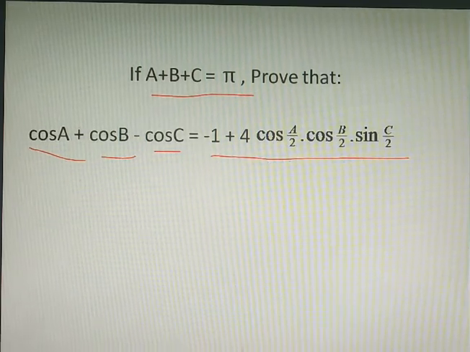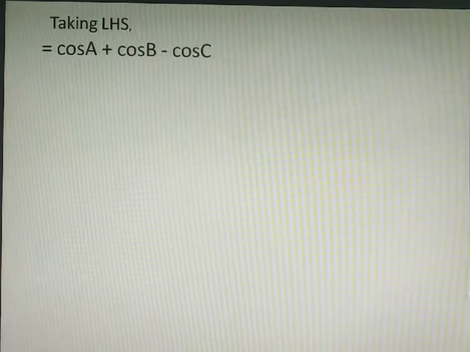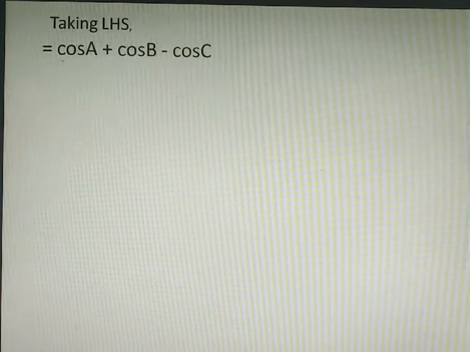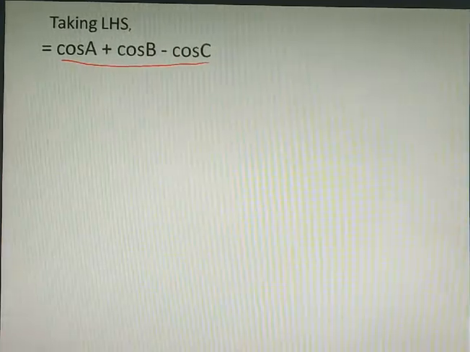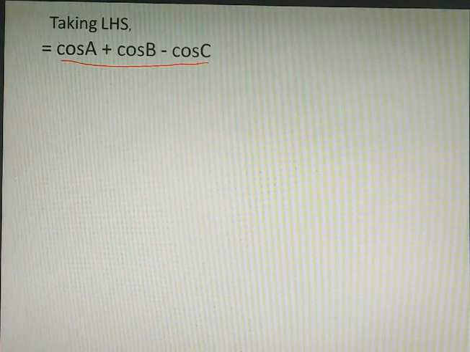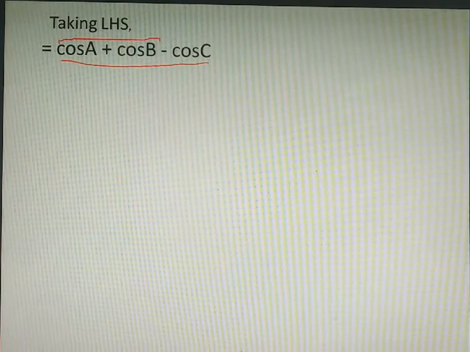So let's continue taking the left hand side first. Here you can see cos A + cos B − cos C. As usual, we will take these two terms first.